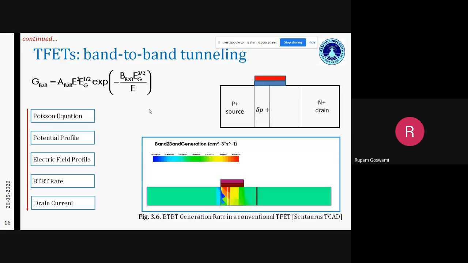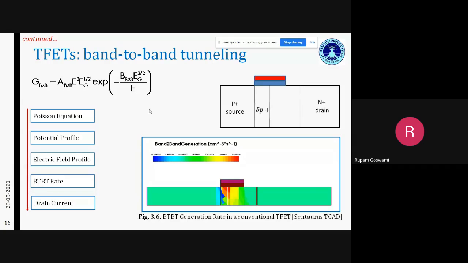So prior to 2010 or say 2015, around this time, if you could derive a model up to the electric field or the BTBT, say for example, it was self-sufficient and considered to be better in obtaining your research objectives. But after 2010 and 12 or say 15 at max, this drain current derivation became very important.